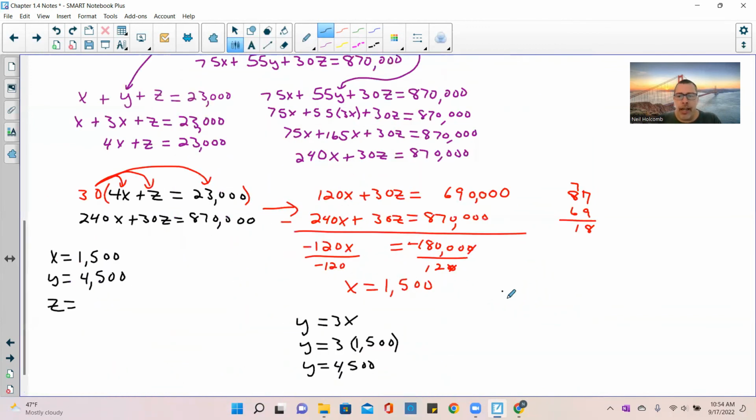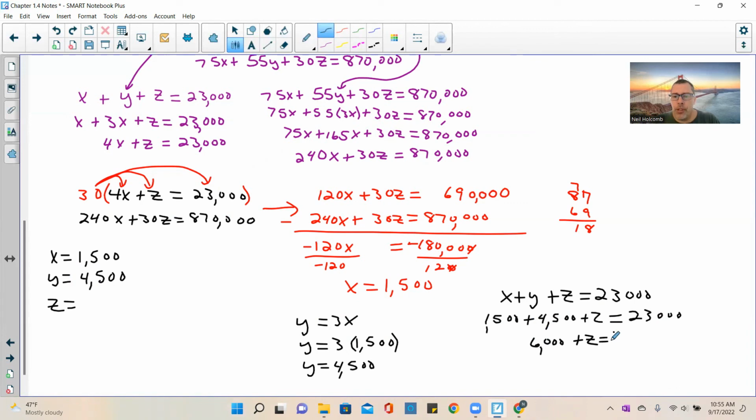So now I say x is 1,500 plus y is 4,500 plus z, which is the lawn seats, equals a total of 23,000 seats. 1,500 plus 4,500 is 6,000 plus z equals 23,000.